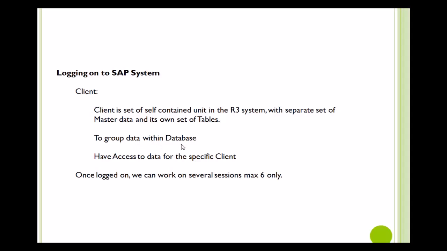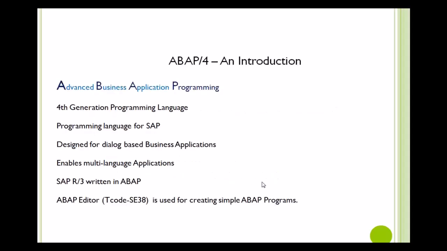It is a group of data within a database and gives access to the data for specific clients. Once you log on to the clients, as we just discussed, we can work with several sessions at maximum. Check before this ABAP introduction how to connect to your systems.